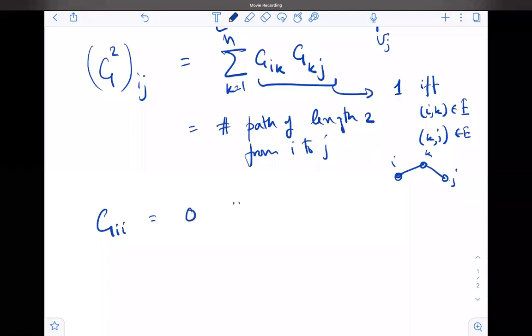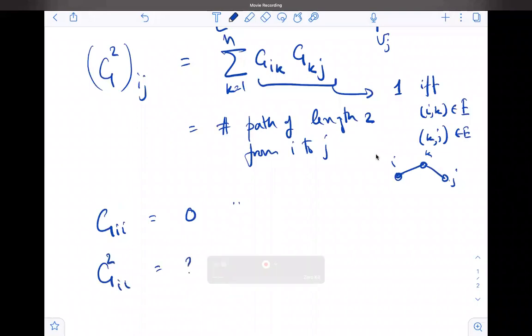I didn't mean G ii, I mean G square ii. G ii is 0, right? And G square of ii, what is this? It means the number of paths from i to i in two steps.